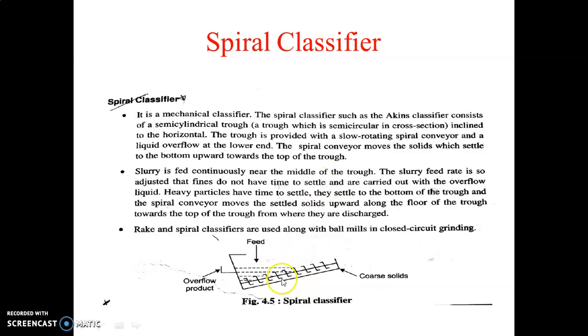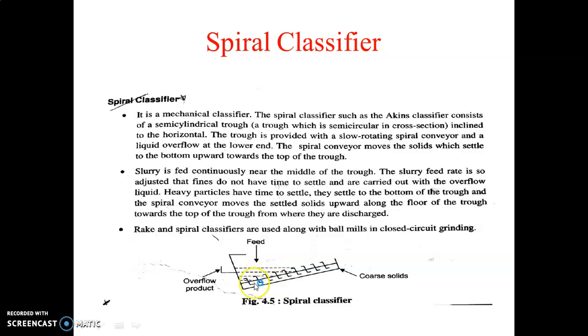The trough is provided with a slowly rotating spiral conveyor, and at the lower end an outlet is provided for the liquid overflow.